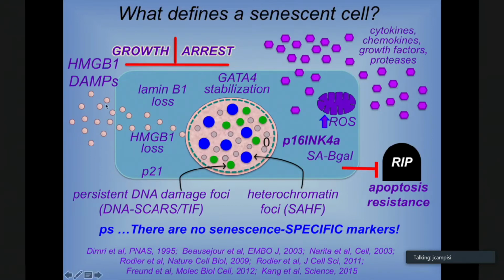Part of it includes what the cells secrete, but part of it includes things that change intracellularly, including the expression of tumor suppressor genes like P16 or P21. The problem is none of these markers are absolutely specific. And so for now, in order to really say that a senescent cell occurs in vivo, whether it's in a mouse or a human, we really need to rely on multiple markers.